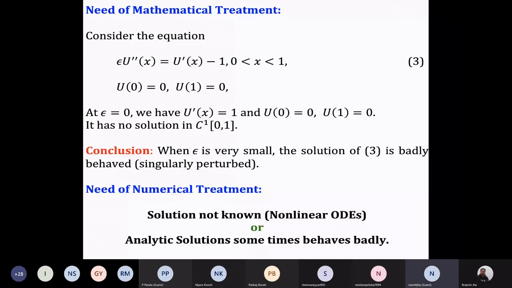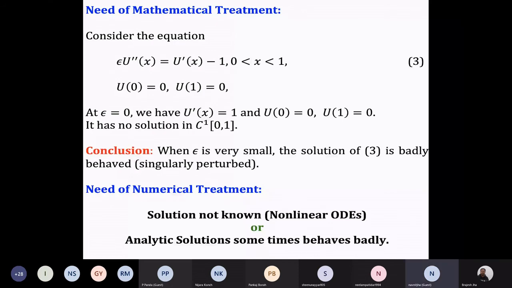Please take it that when I say epsilon equals 0, it doesn't mean exactly 0, but very, very close to 0. No solution means the behavior is abrupt. So when epsilon is very small, the solution of equation 3 is badly behaved. We call these singularly perturbed.